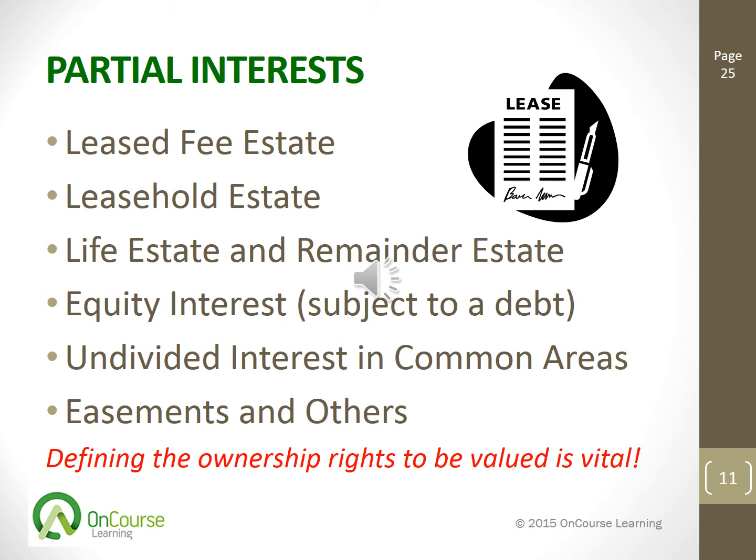The landlord may decide to retain ownership of a property and give up the right of occupancy in return for rent or a contract or a lease. They're all the same thing. This is called a lease fee estate of the landlord and a leasehold estate by the tenant.